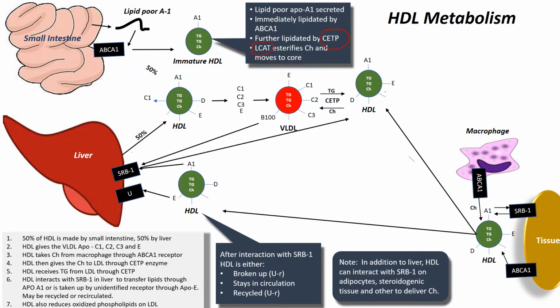Or it can be taken up by the liver and then recirculated again. So it can either be taken up by the liver and broken up, this HDL. It can be taken up by the liver and then re-excreted to be recirculated. Or it can just hand off some of the lipids to the liver and then go right back into the circulation. Those are the three fates of the HDL.